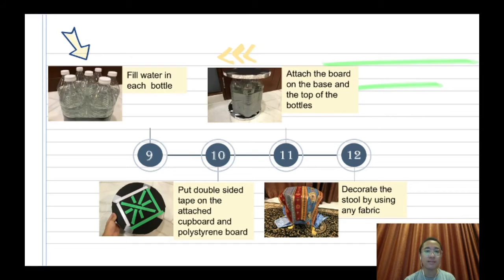And the 10th step is to put double-sided tape on the attached cardboard and polystyrene board. And after that, attach the board that we made before on the base and the top of the bottles. Lastly, you just decorate the stool by using any fabric or cloth that you like.